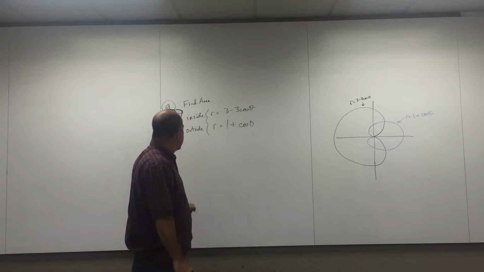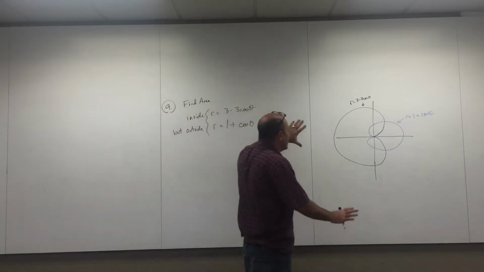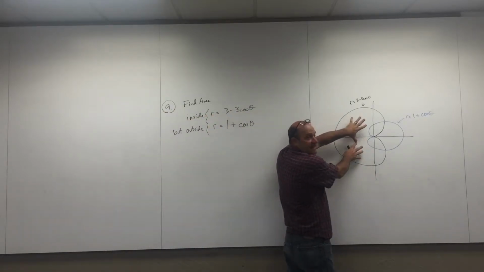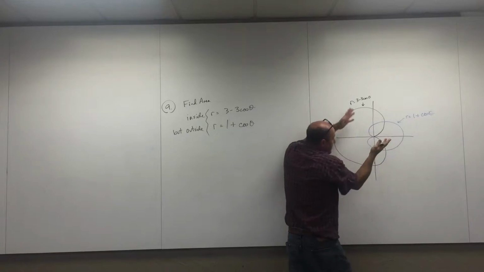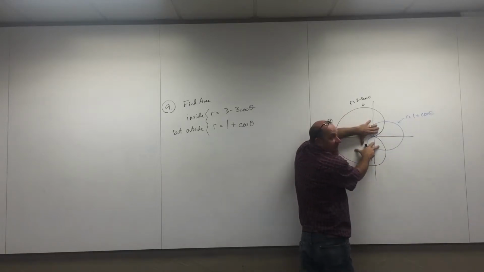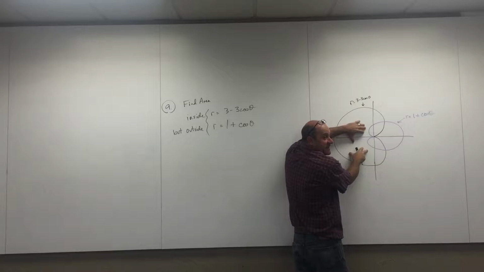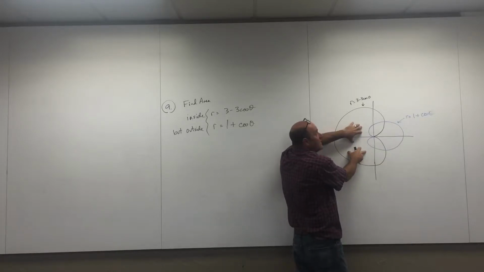Boy, what do they want? Inside the big one, all right, so inside this one, but outside the blue one. Inside the big one would be all this stuff, but since they say outside the blue one, that means I don't want these. I want to be outside of these, yet still inside the big one here.